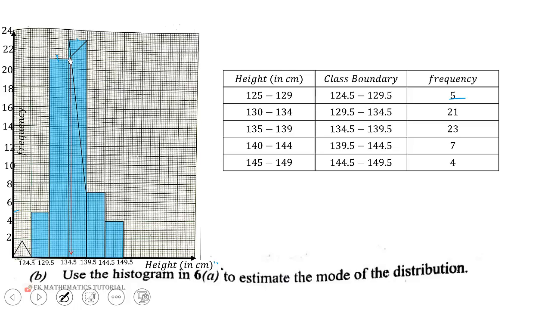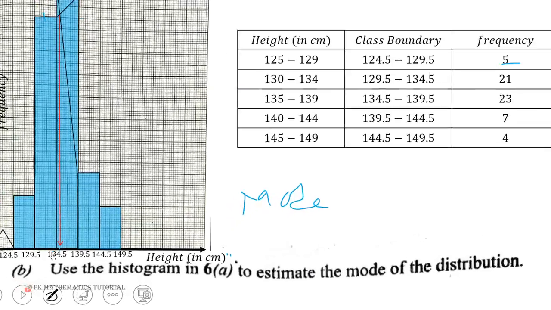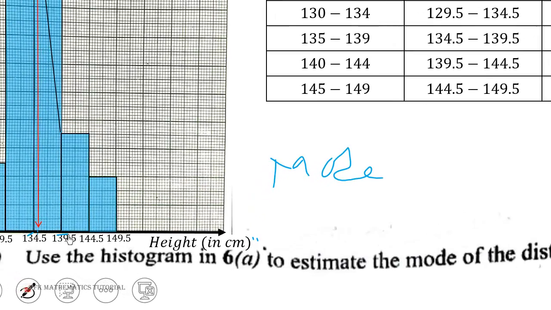And we can see that we have 2 boxes from 134.5. So the modal mark or the mode will be equal to, since we have a 5 interval here from 134.5 to 139.5, it means each box is 0.5, because 0.5 times 10 will give us 5.